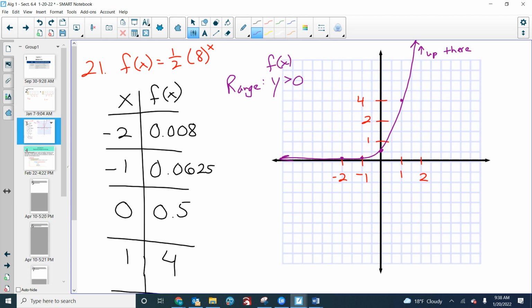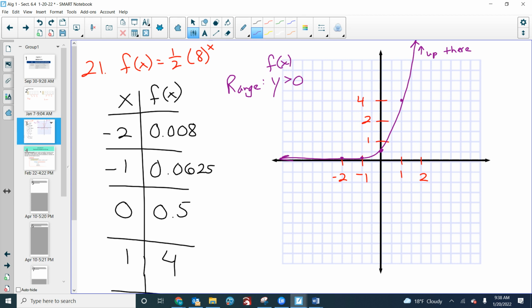Evaluate the function for the given value of x. Plug in 2 for x. What's 3 to the second power? 9. You did 3 times 2. Exponent means multiply the base 2 times. 3 times 3.